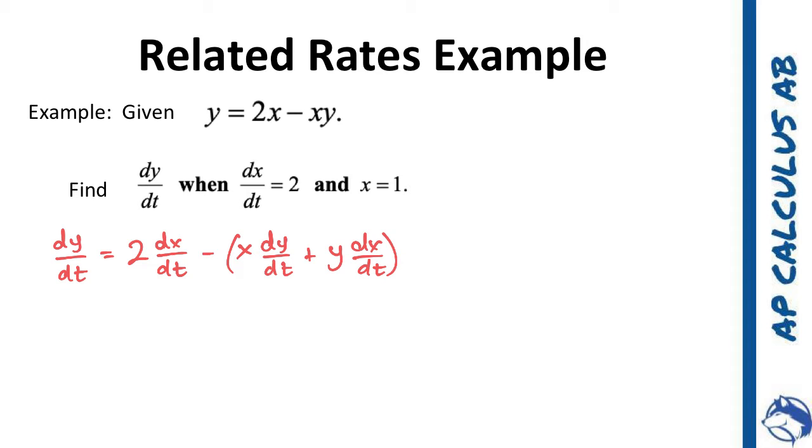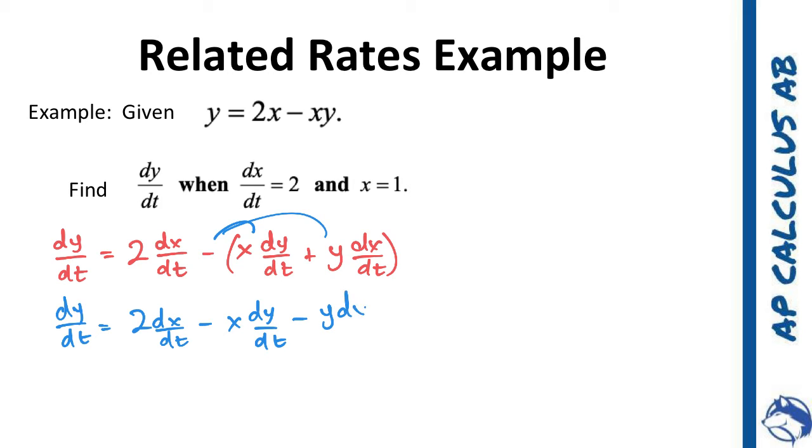So what I want to do is, since I'm solving for dy/dt, I want to make sure to get that all on the same side. So distribute that negative through, and you're going to get dy/dt is equal to 2 dx/dt minus x dy/dt, and now that's going to be a minus there, minus y dx/dt.